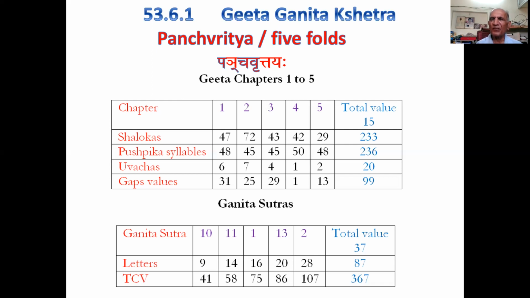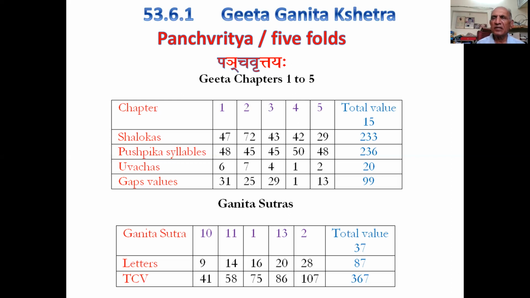Gita chapter 4, Gyan Karma Sannyas Yoga, is coordinated with Sutra 13, Sopanantyam Dvayamantyam. And chapter 5 of Gita, Karam Sannyas Yoga, is coordinated and correlated with Sutra 2, Nikhilam Navatascharamam Dashatah.